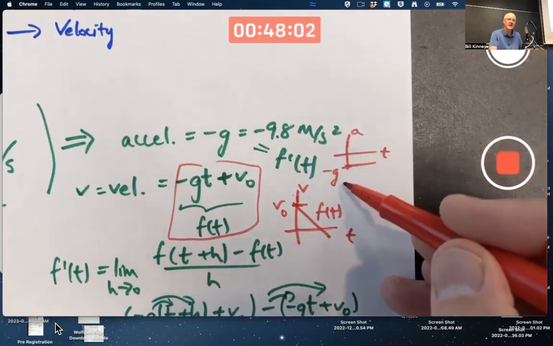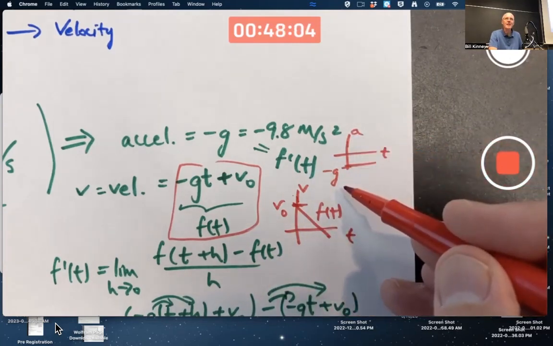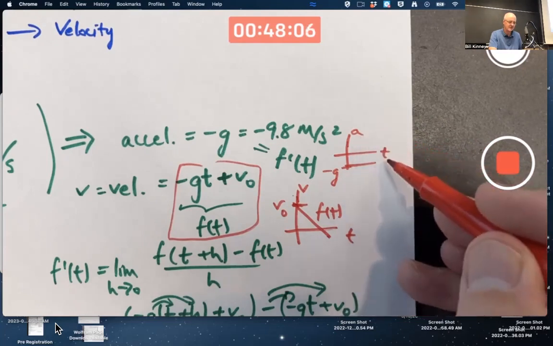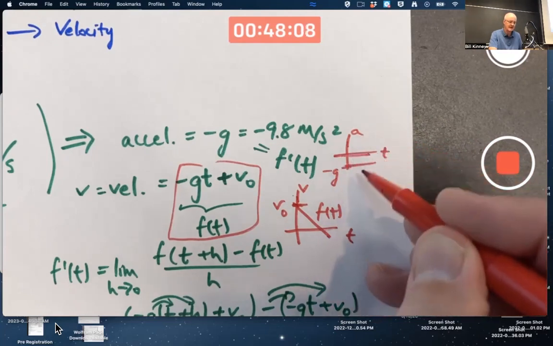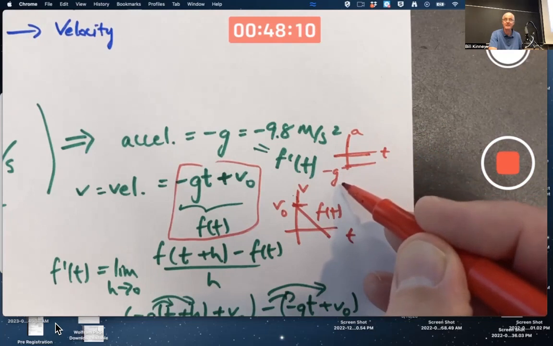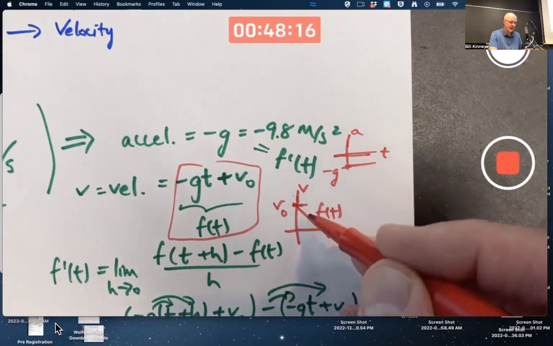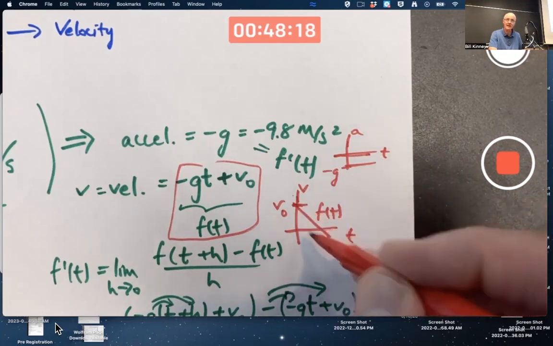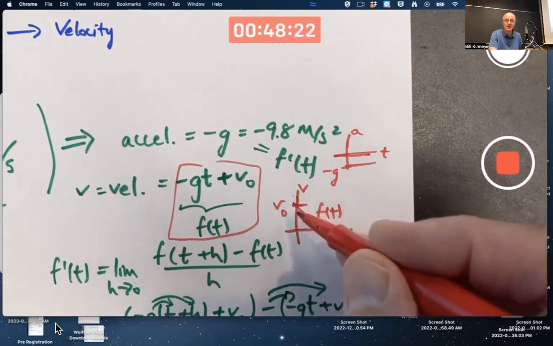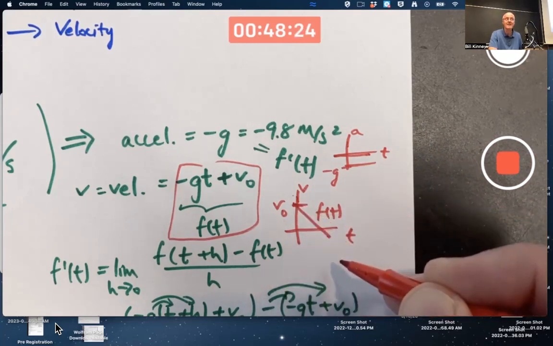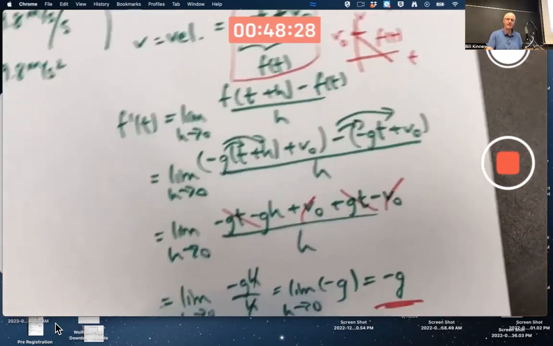That's an a, that's a g. Acceleration is a function of time. The t-axis here is a negative constant, negative g, about negative 9.8 meters per second squared. And that is the derivative of the velocity. It's telling you the slope of the velocity at every moment in time. Constant, negative 9.8, because it's straight. What's your height as a function of time?